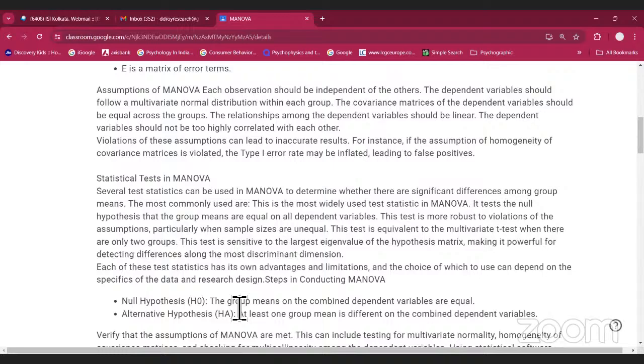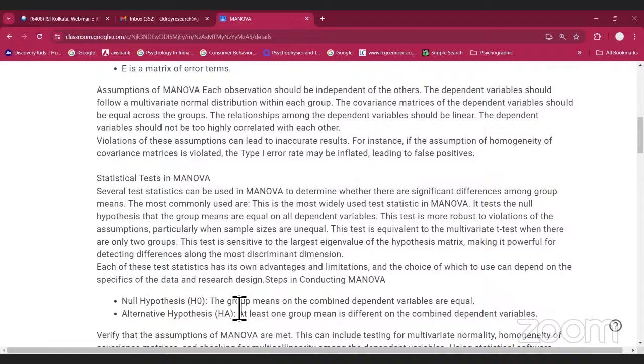But if the dispersion is low, that means the effect is very low. Next. Each of these test statistics has its own advantages and limitations, and the choice of which to use can depend on the specifics of the data and research design.